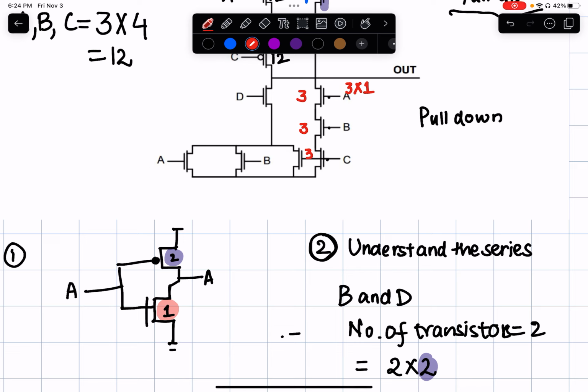And for this one we have D and B, they are in series. How many transistors are there in series? There are 2. And we multiply it by 1, the size of NMOS.